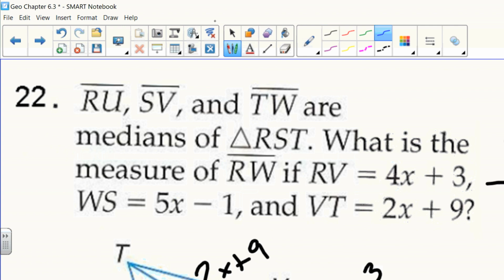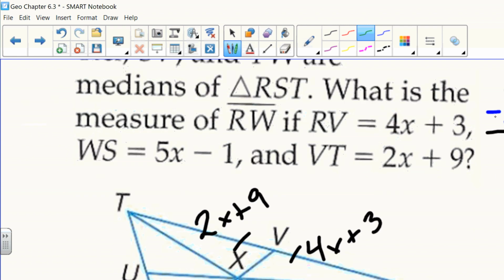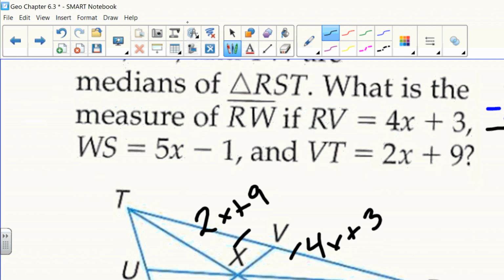So what can we do first? We can subtract 2x from both sides, which will tell us 9 is equal to 2x plus 3. And subtract 3 from both sides, which will tell us that 6 is equal to 2x. And then we would divide by 2. Exactly.